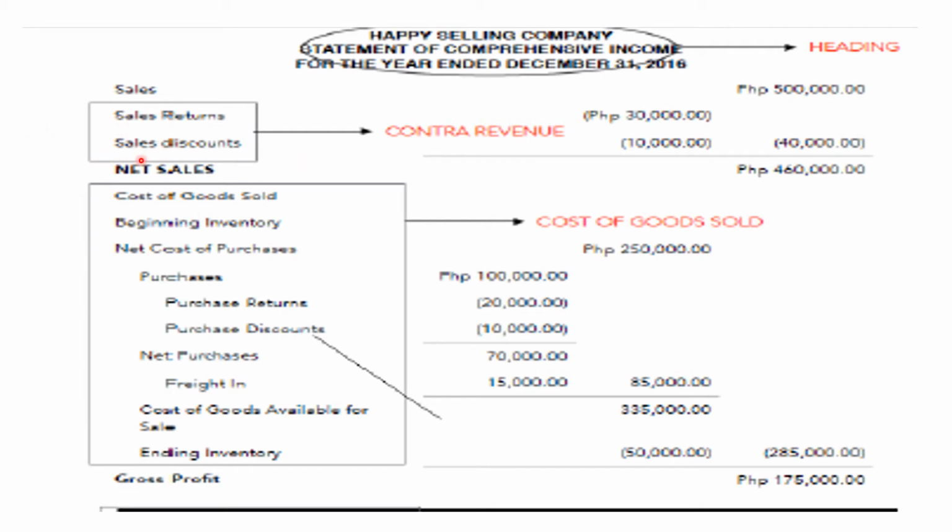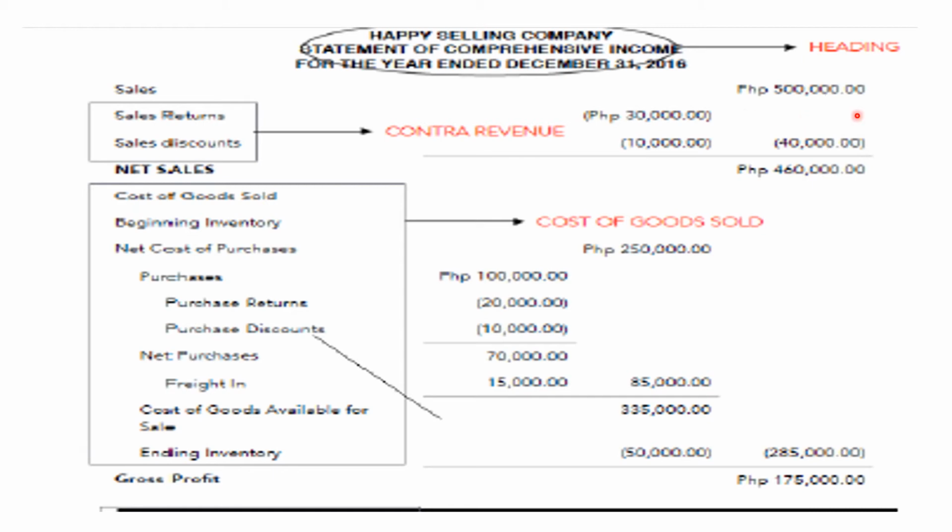Sales discount is the discount given to customers who pay at an early period, or customers who pay early or on time. So we have to give them the sales discount. The sales return amounts to 30,000 and the sales discount amounts to 10,000. And for us to get the net sales, we have to subtract the sales return and sales discount from the sales.